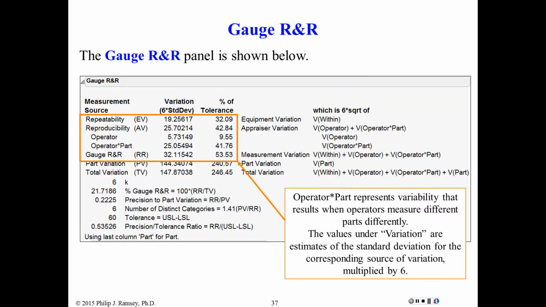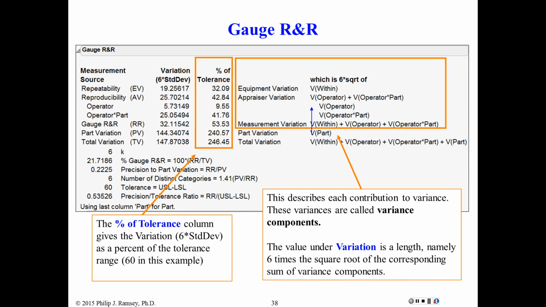So here is again what we call the study variation. That's the variation, and it says 6 times the standard deviation. And we see the breakdown, and the percent of tolerance. By the way, those percent of tolerance numbers don't sum to anything in particular.